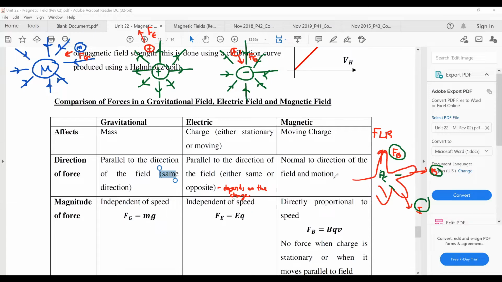No matter how you change the direction of any one of these, the other two will always be perpendicular. So your magnetic force is always normal to the direction of your field and your motion.